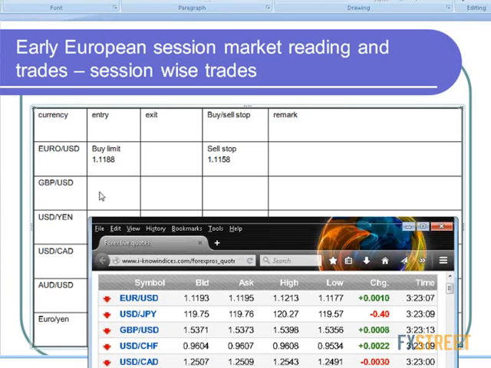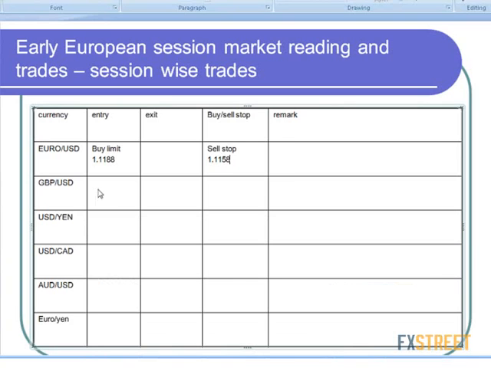Then in the case of GBP, 1.5371 is the current level and 1.5356 is the low. So we will keep it as about 3 pips below by limit. If the momentum is good, we can keep even 5 to 10 pips below the market.